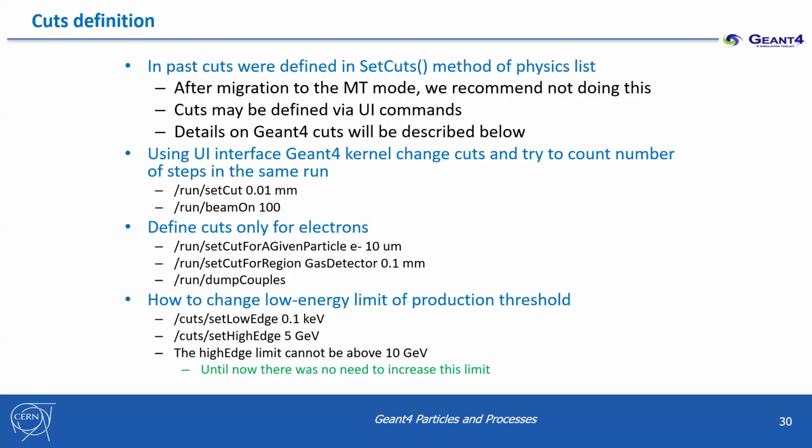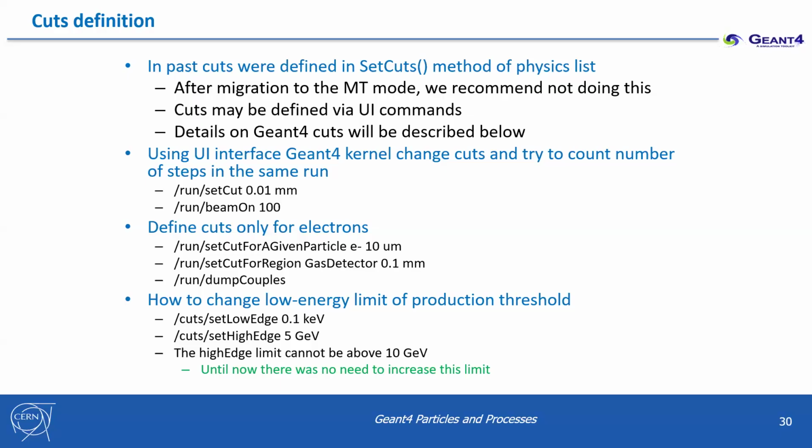In the past, there was a set cut method inside the physics list, and it was widely used, but after migration to empty mode, this is simply not optimal, but we have a list of UI commands and a corresponding C++ interface which can be proposed.